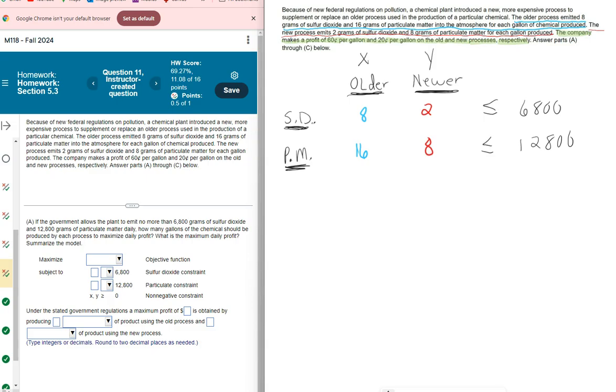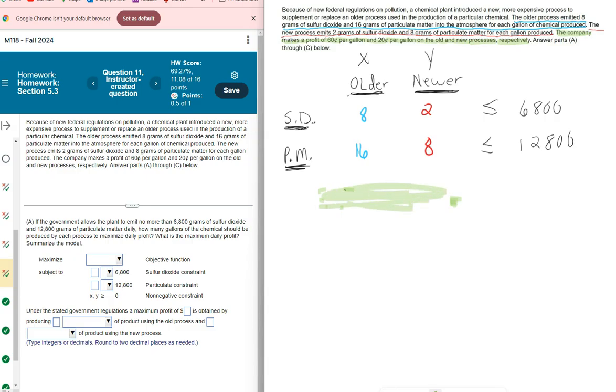How many gallons of the chemical should be produced by each process to maximize daily profit? Well, the daily profit stuff is all in the highlighted green up there.